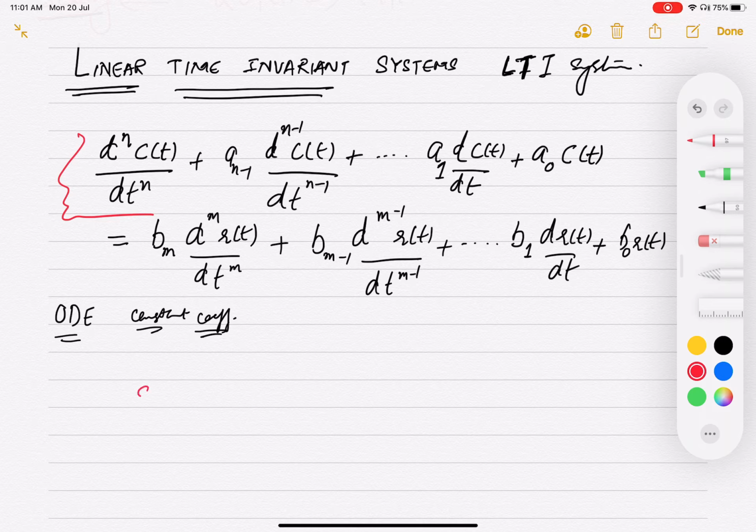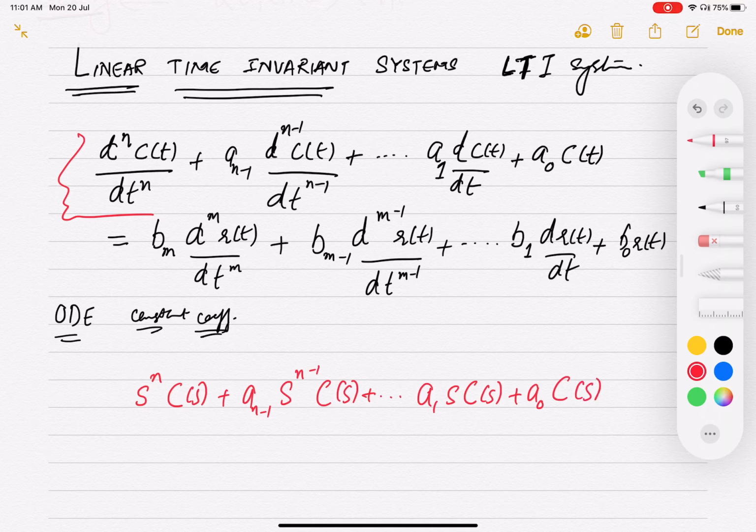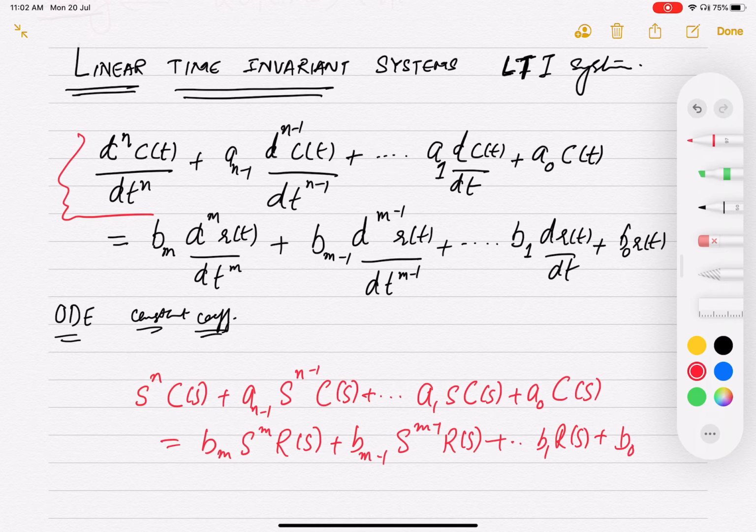So you get s^n C(s) plus a(n-1) s^(n-1) C(s) plus, going up to a1 s C(s) plus a0 C(s), and on the right hand side you get bm s^m R(s) plus b(m-1) s^(m-1) R(s) plus, up to, b1 s R(s) plus b0 R(s).